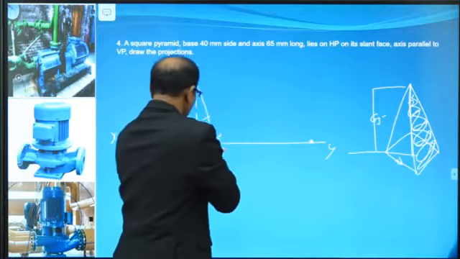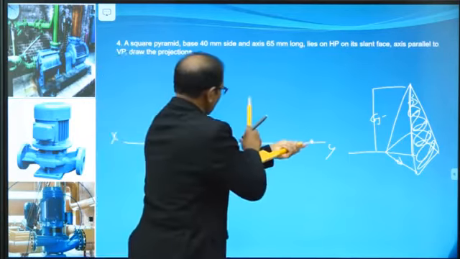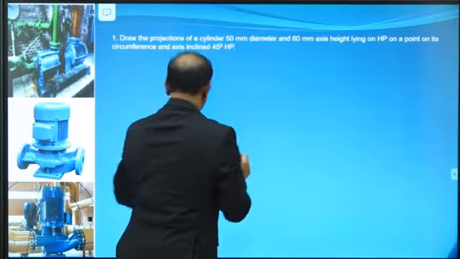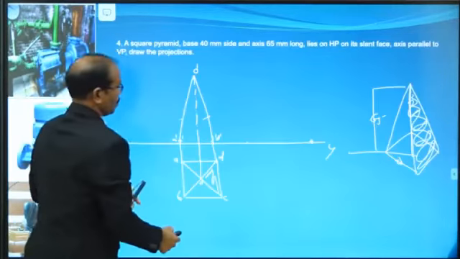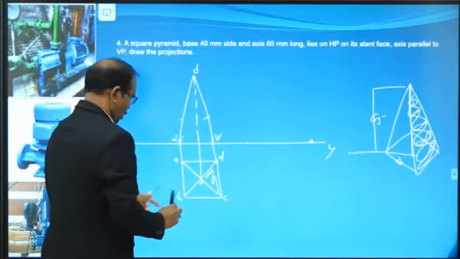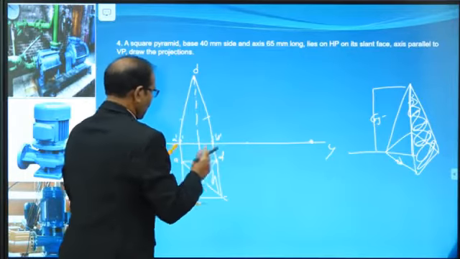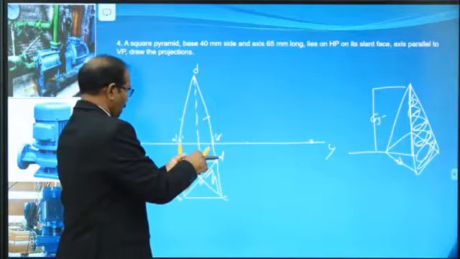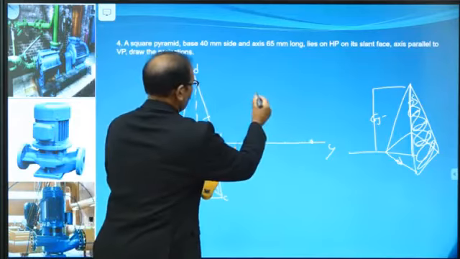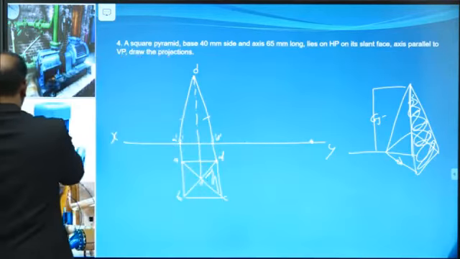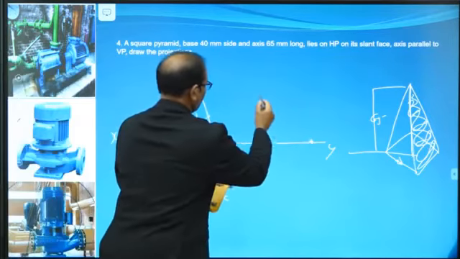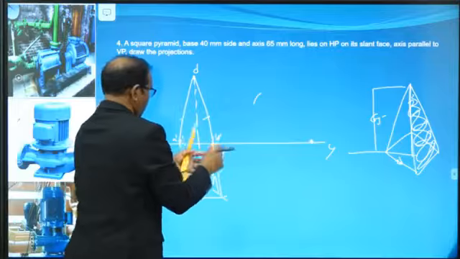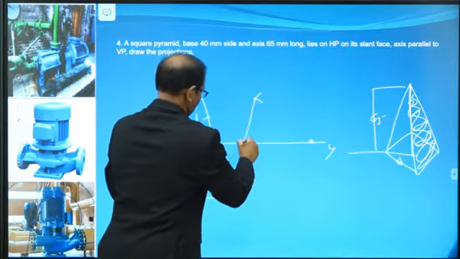Now selecting the same measurement, this point to 1. Now complete this. Again from this point, this measurement, now this point to 1. Now this point to intersect this arc. Now join like this.